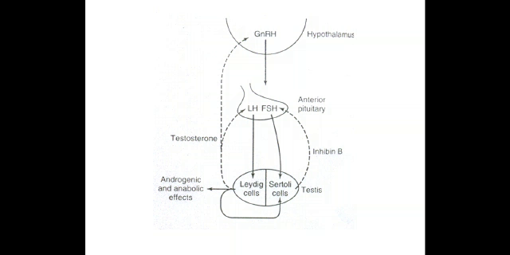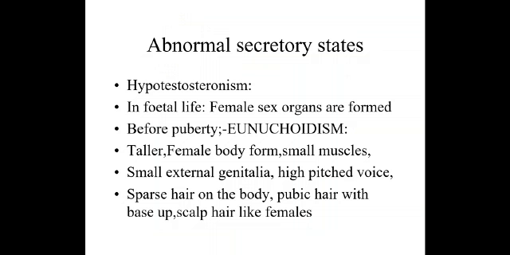Whereas the Sertoli cells, which secrete androgen binding protein, inhibin, and Mullerian regression factor, also have a role: if the sperm number is high, they secrete inhibin B, which inhibits FSH, and thereby spermatogenesis is controlled.